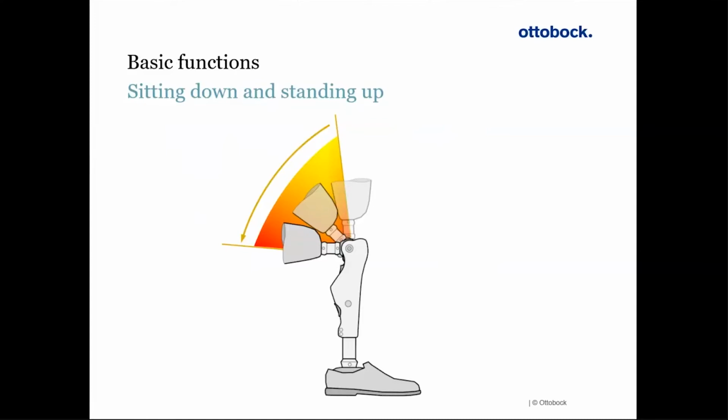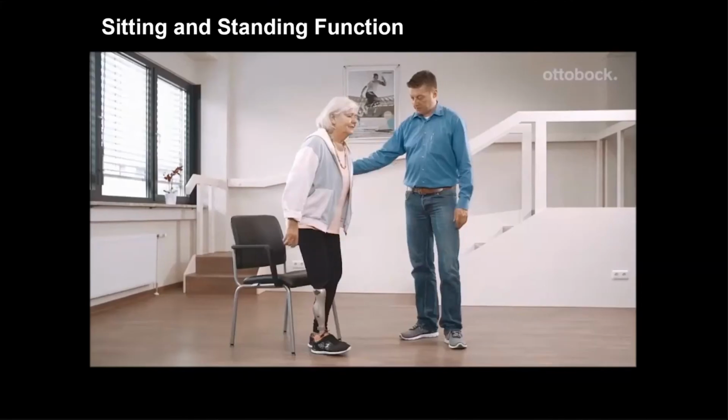So you have the capability of controlling the sitting down feature, so increasing that resistance as the angle gets greater, and then that passive standing up assist, which doesn't allow the knee to collapse once that individual reaches that 45-degree knee flexion angle, but still have the capability of lowering them down into the chair if they so choose.